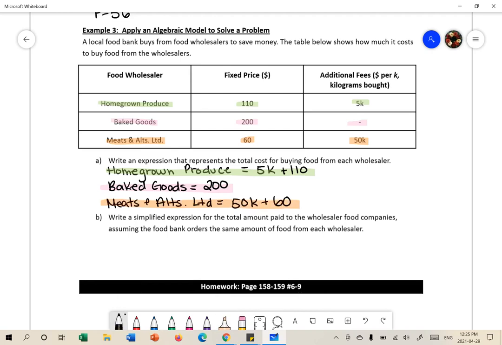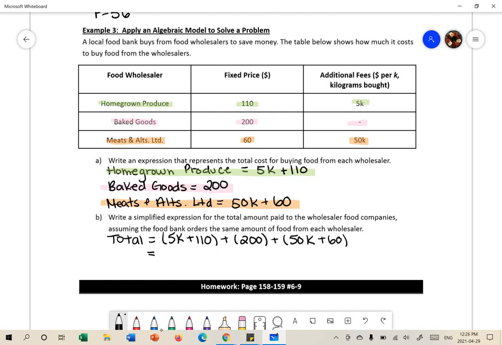Part B. Write a simplified expression for the total amount paid to the wholesaler food companies, assuming the food bank orders the same amount of food from each wholesaler. So the total is equal to 5K plus 110 plus 200 plus 50K plus 60.